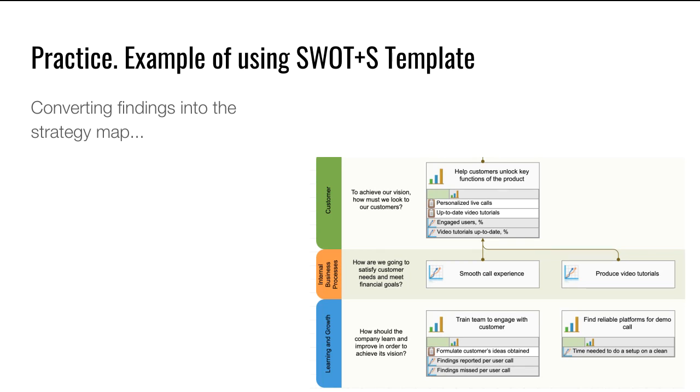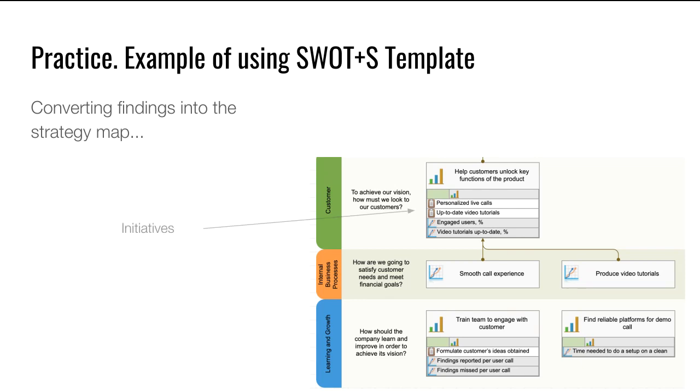That's a general goal, but now after doing SWOT analysis, I know how we're going to achieve this. Yeah, we will provide smooth call experience, and this will be achieved by training our team. And we also will continue producing high quality video tutorials. And these are our internal goals.